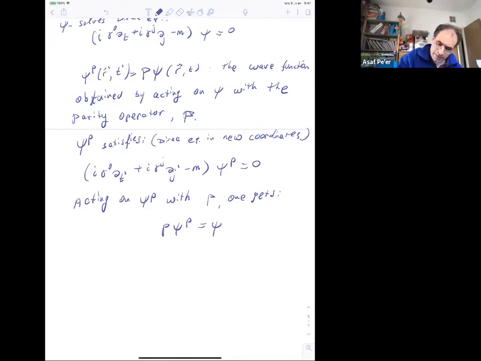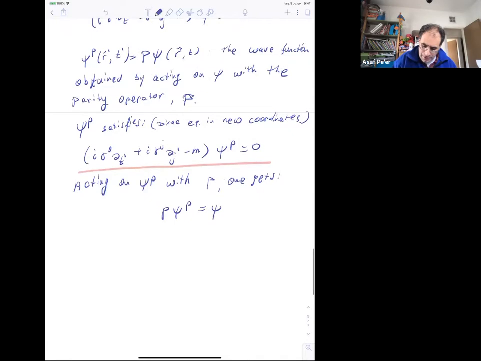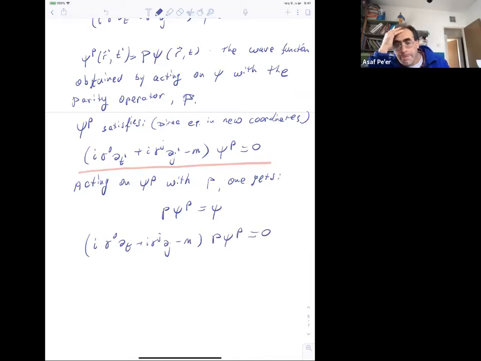I'm going to put that equation right here. This is the Dirac equation. So it must satisfy the Dirac equation, (i gamma^0 d_t + i gamma^j d_j - m) P psi_p = 0. I just wrote down again the Dirac equation.